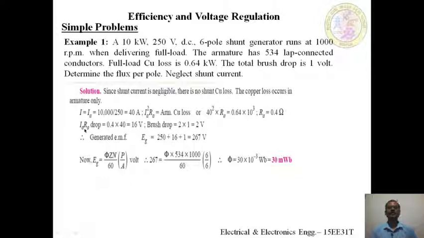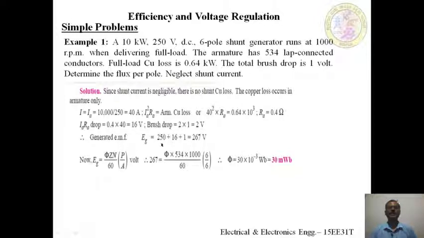Then we know the armature voltage drop is given by IA RA. We know the value of IA and RA, so the armature voltage drop is 16 volt. And the brush drop is given in the problem: the total brush drop is 1 volt. Right? So for 2 brushes, it is 2 volt.